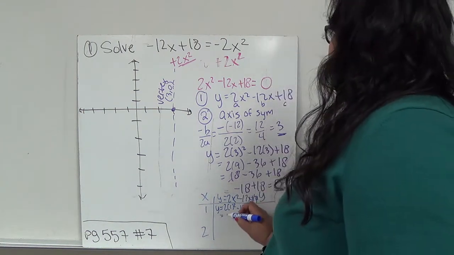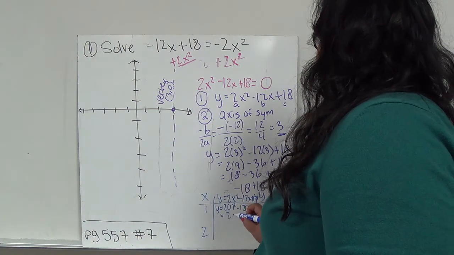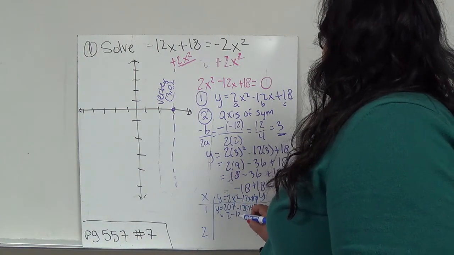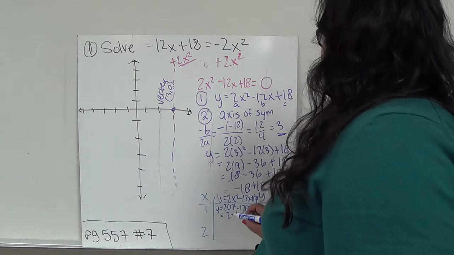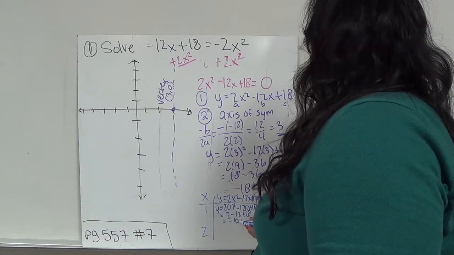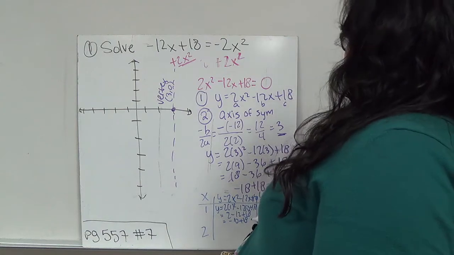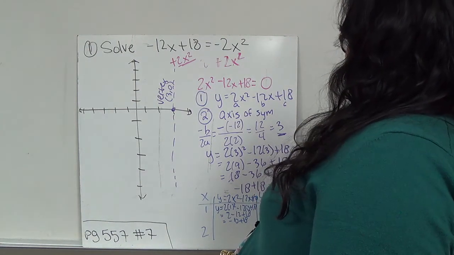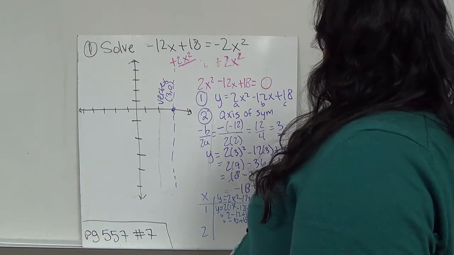Equals 1 squared is 1, so times 2, this is 2, minus 12 times 1, which is 12, plus 18. So 2 minus 12 is negative 10 plus 18, which gives us positive 8.